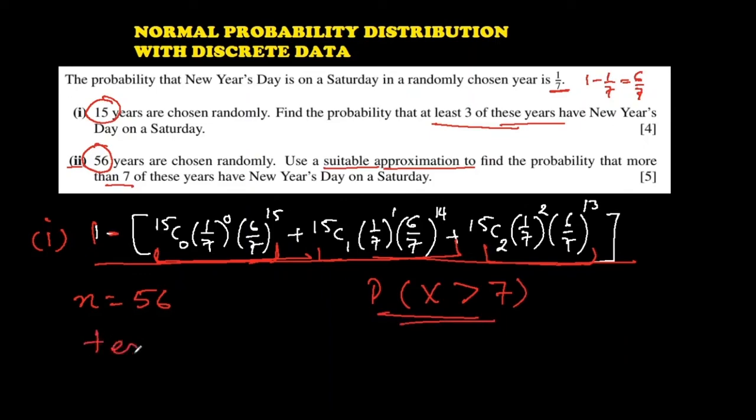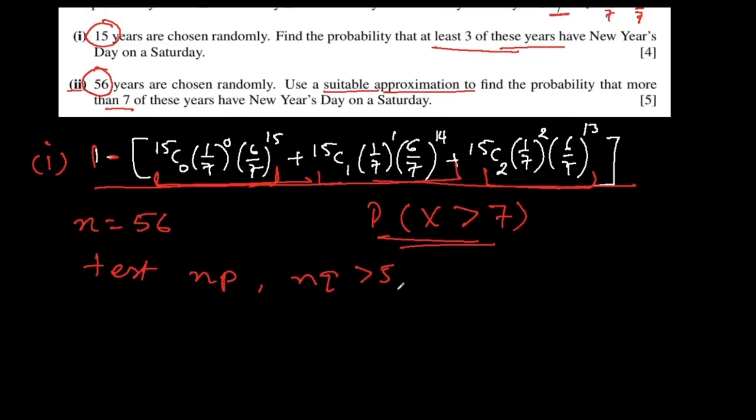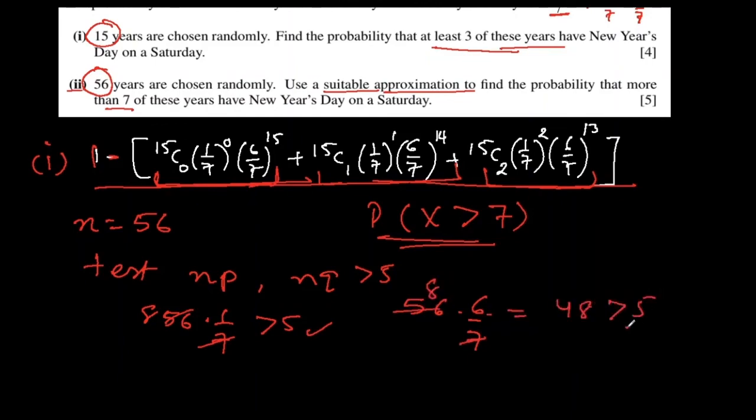First, let's test if np and nq are greater than 5 or not. n is 56 times p is 1/7, so that comes out to be 8, which is greater than 5. Perfect. And 56 times 6/7, this will also cancel. 8 times 6, 48, which is also greater than 5. So both tests passed, so we can use normal approximation.